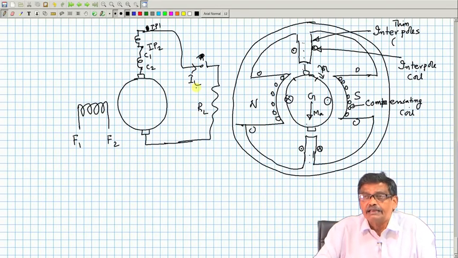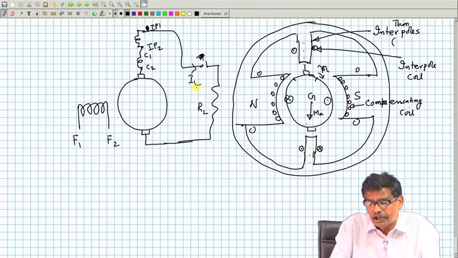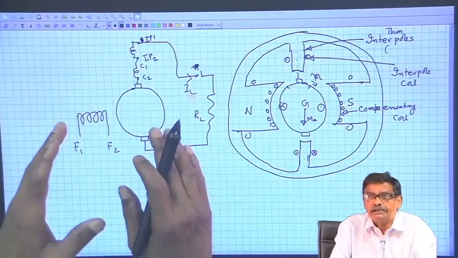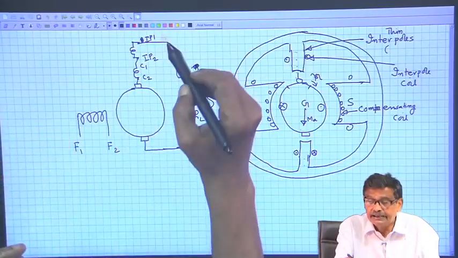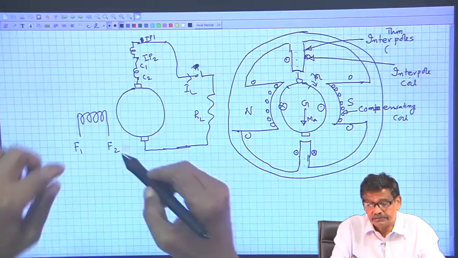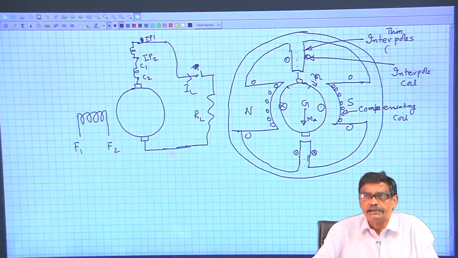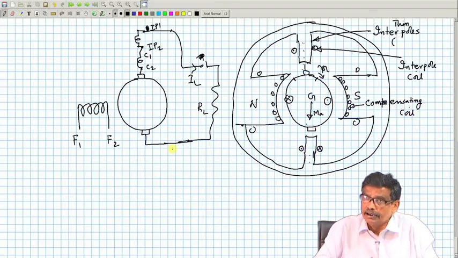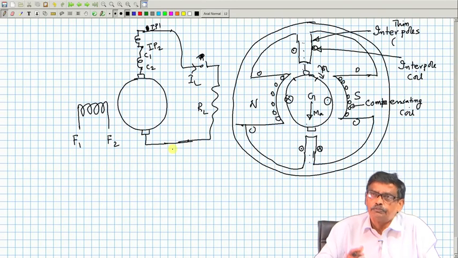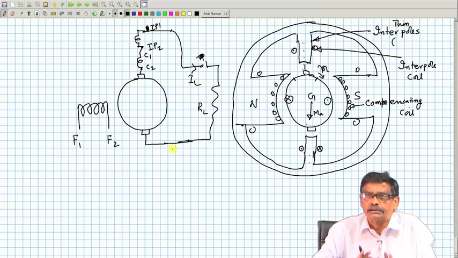Okay, what are the things happening in a DC machine? If you want to connect such a big machine as a generator, then treat these two as your armature terminals and connect the field winding like that. I think you have got the idea. There are compound machines. I have not yet told about machines which have both field coils and series coil. That is a different thing altogether.